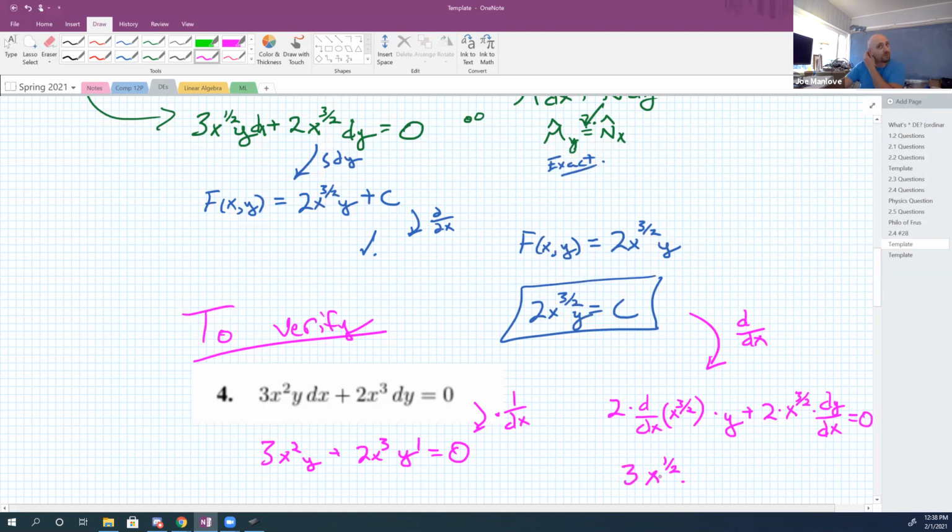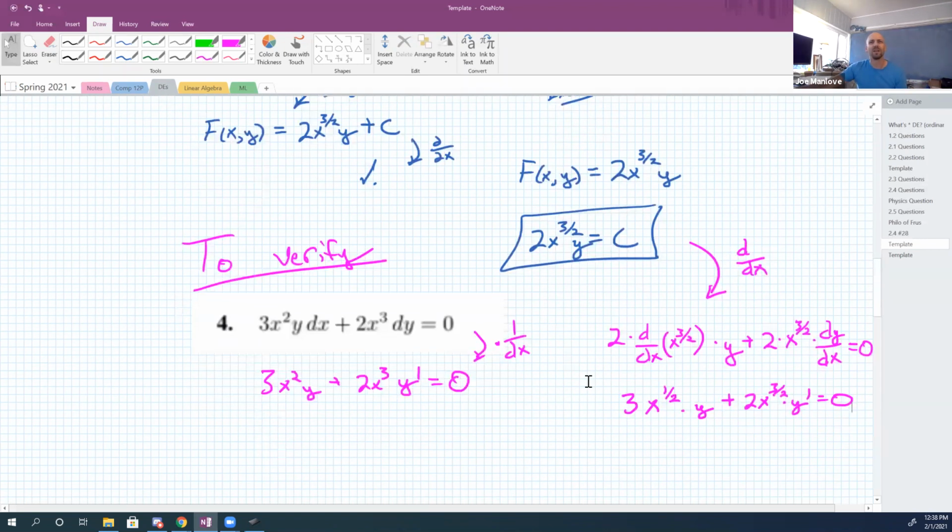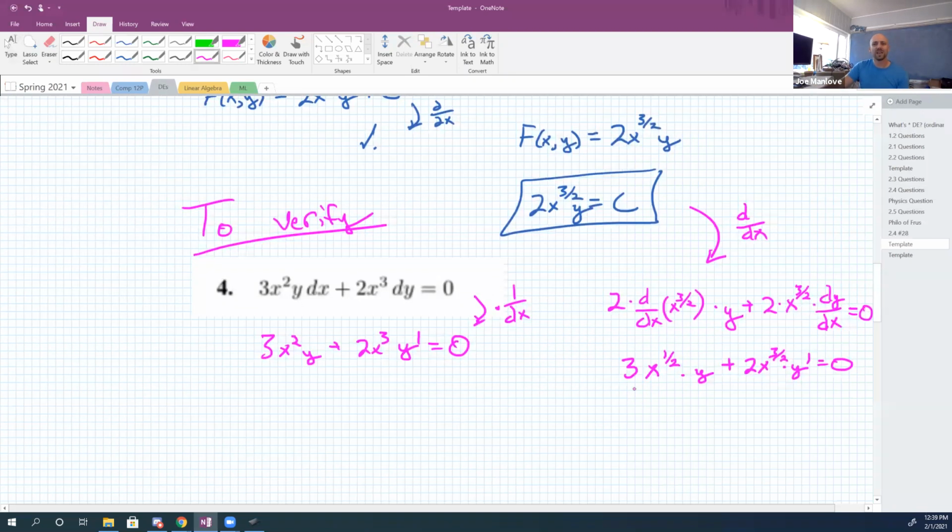So I got 3x to the 1/2 times y plus 2x to the 3 halves times y prime is 0. And I'm like, hey, wait. This feels similar to the differential equation I was asked about, but the difference is this thing that I multiplied through by, right? You see, the powers of x are just off by a little bit.